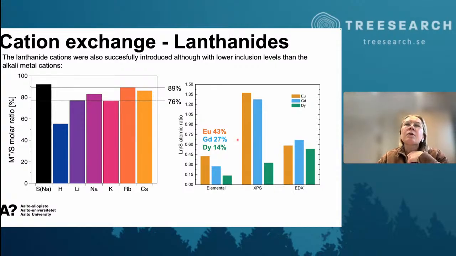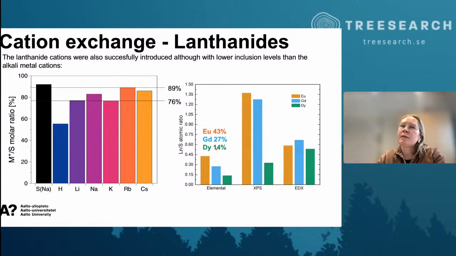We can see that the inclusion levels, again with an excess exposure, are much lower than with the first group. Again, there are some outstanding questions related to how to increase this, what is the specificity, what is the reason for the differences in the inclusion level.